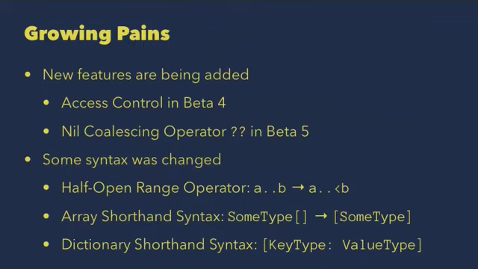And some syntax has changed. For example, the half-open range operator changed from two dots to three dots and the less-than sign. And the major one is the array shorthand syntax changed from the type and the empty brackets to the type inside the brackets.